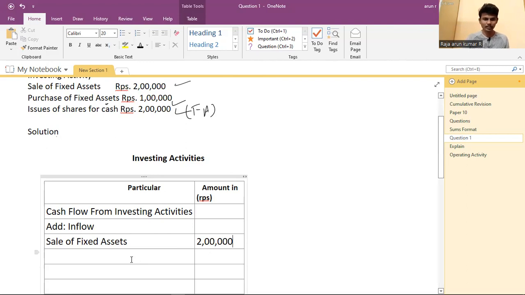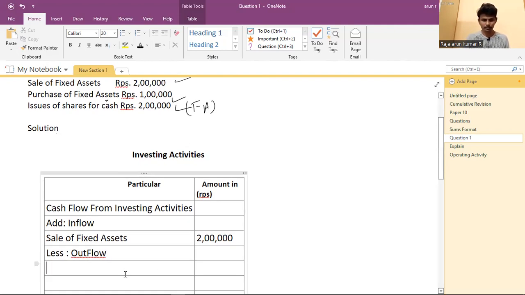Then purchase of fixed asset, this is outflow, because we purchase a fixed asset and the fixed asset comes in. You can also do the journal entry. In sale of fixed asset, cash account debit to fixed asset account. In purchase of fixed asset, fixed asset account debit to cash account, cash or bank.